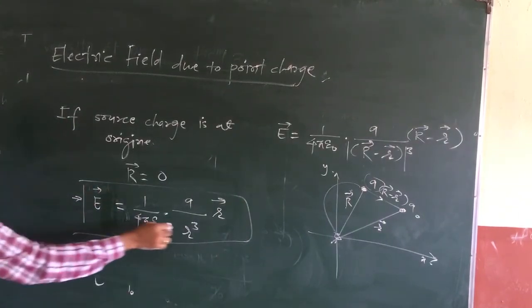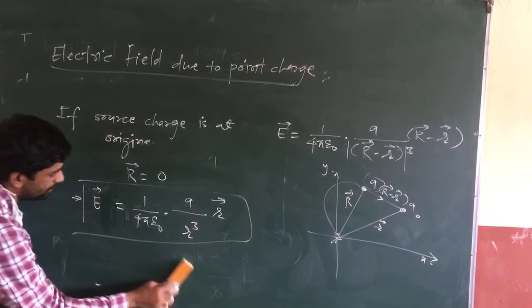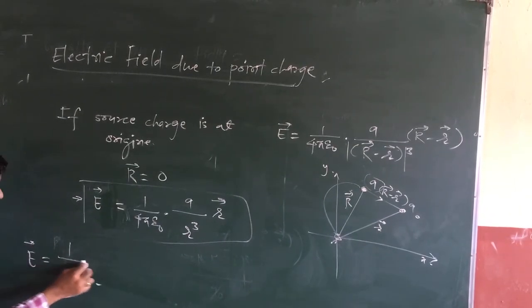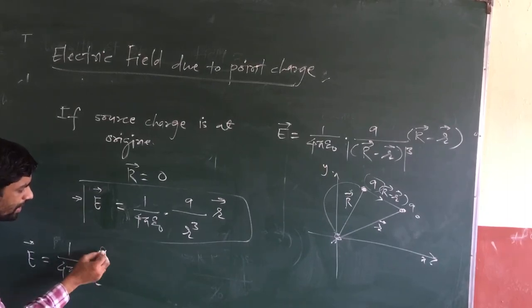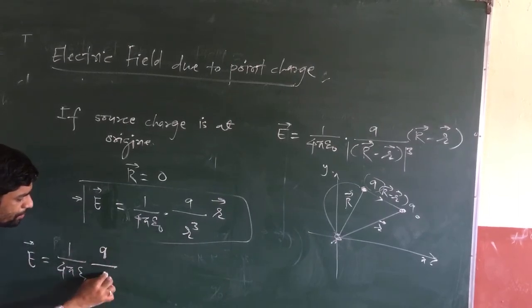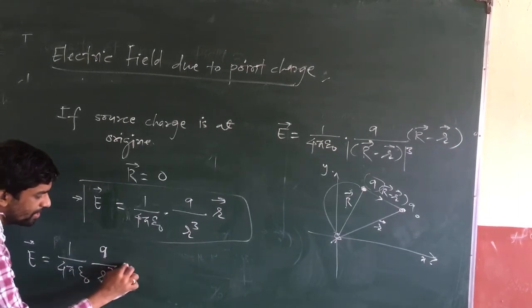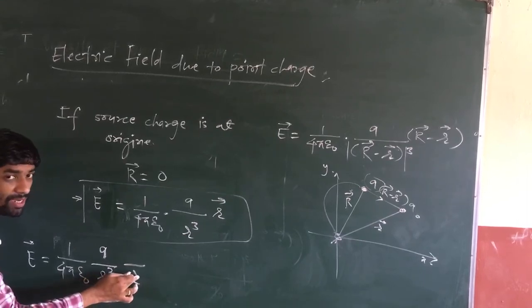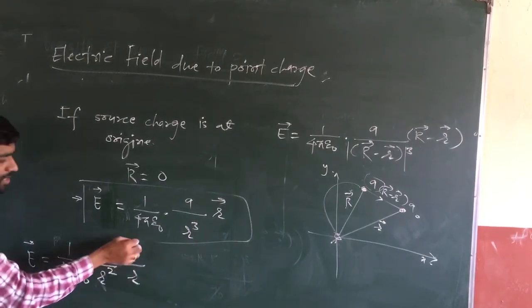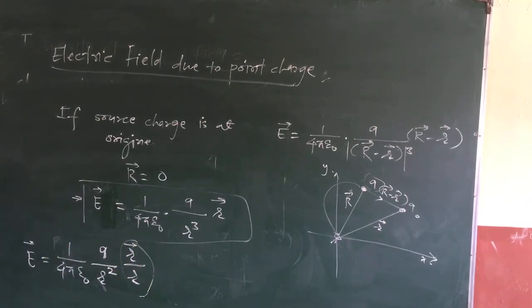This equation of electric field E is equal to 1 upon 4 pi epsilon naught, Q divided by, observe how I can write this equation. Here I take r square into r, which is r cube, and here I take the r vector. But what is the value of r vector divided by r?